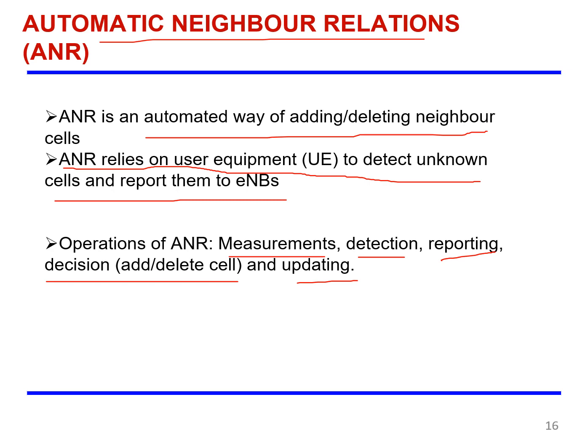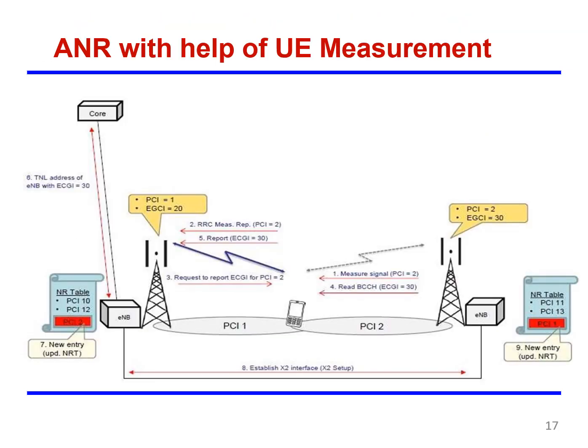Let's see the picture. See here, this is an eNodeB which we are talking about, and this eNodeB is having a PCI of 1 and eGCI, which means enhanced or evolved global cell identifier, 20. For another eNodeB, PCI is 2 and eGCI is 30.